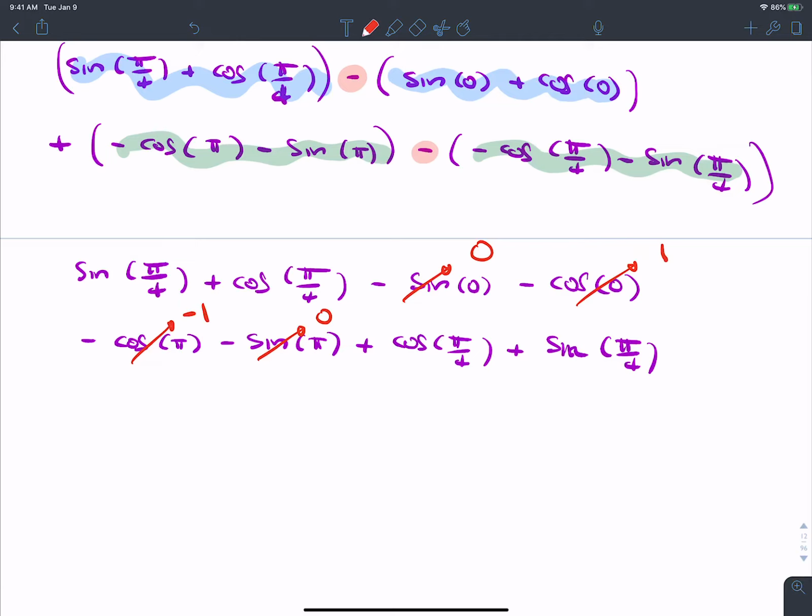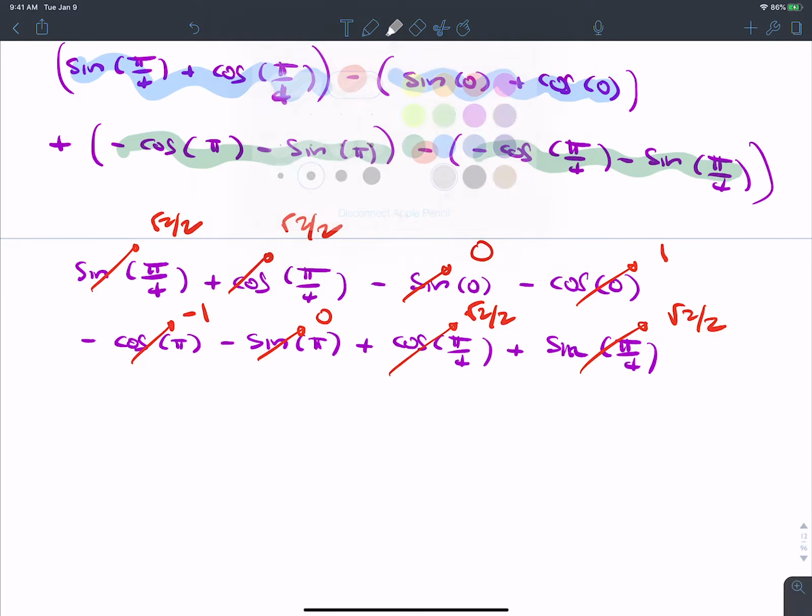Double check because I'm not awake. And it looks like, again, sine pi over 4, isn't that square root of 2 over 2? Same thing for the cosine. Another square root of 2 over 2, and another square root of 2 over 2. So altogether, it looks like I have what? 1, 2, 3, what? 4.